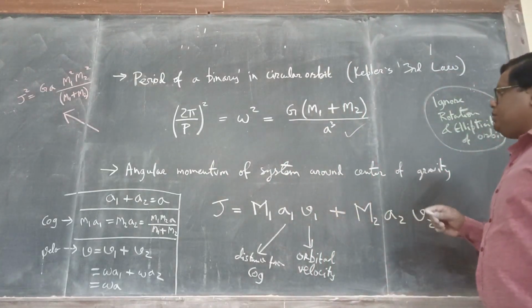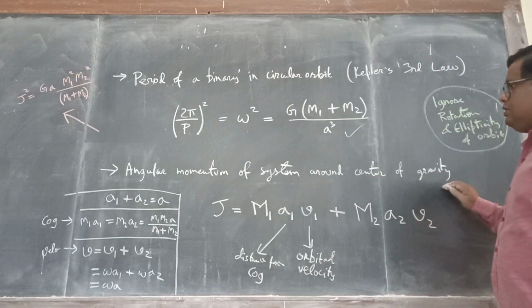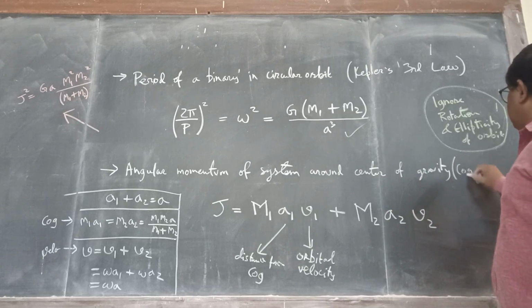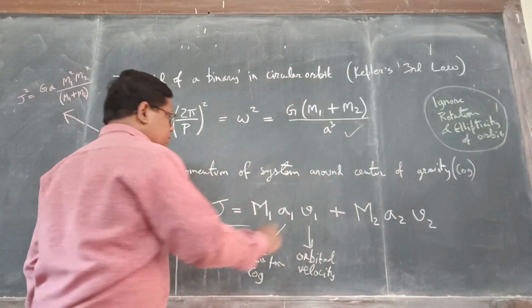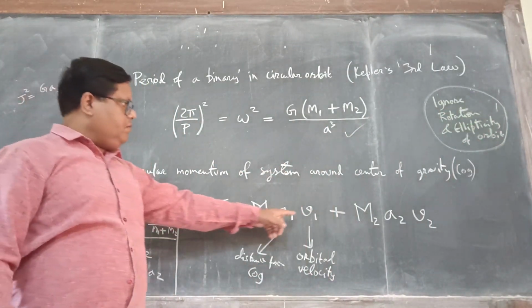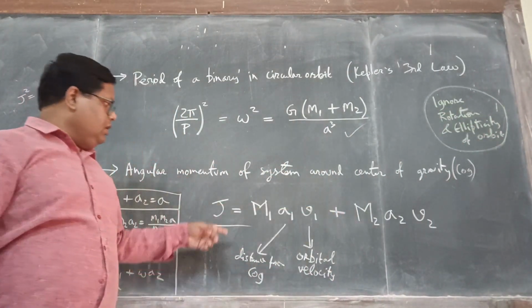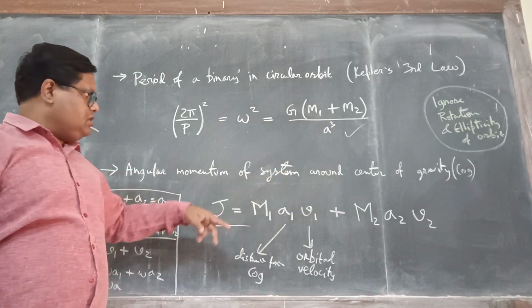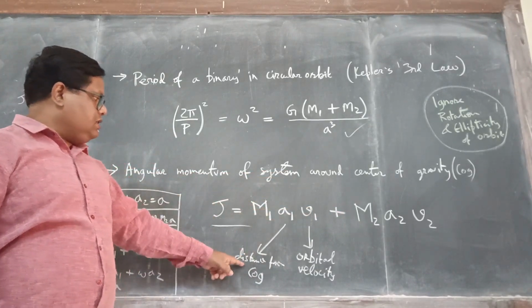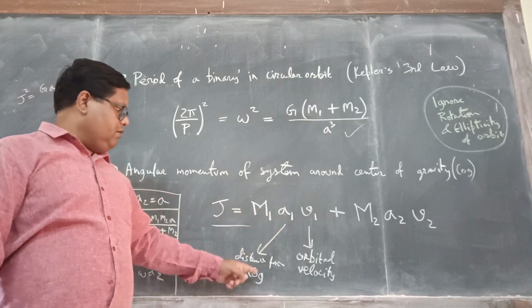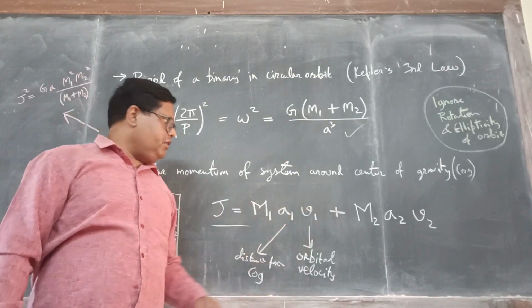Next, the angular momentum of the system around the center of gravity, which we will call COG in short. This is the angular momentum expression, m1 a1 v1 plus m2 a2 v2. These are the masses of the two stars, m1 and m2, which we have already discussed, and a1 is the distance of star 1 from the center of gravity, same for a2.